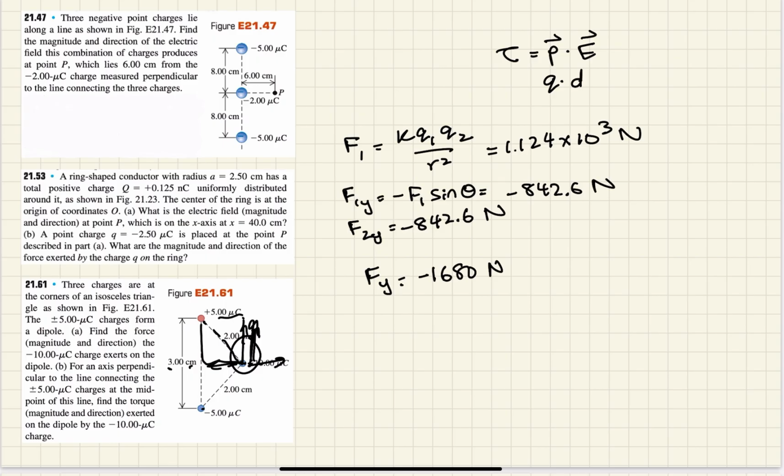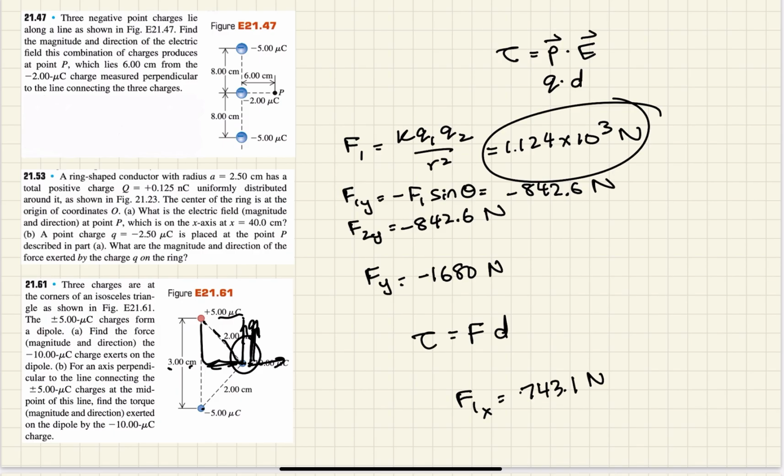There's an easier way to do that, though, and it's just the regular old formula for torque, which is force times the distance perpendicular. And so in this case, we're going to use the x component of the force this time. F1x is going to be equal to this times cosine of that same angle. That's going to give us 743.1 newtons. And the torque is equal to force times the distance, which is this right here. I can't read that anymore.